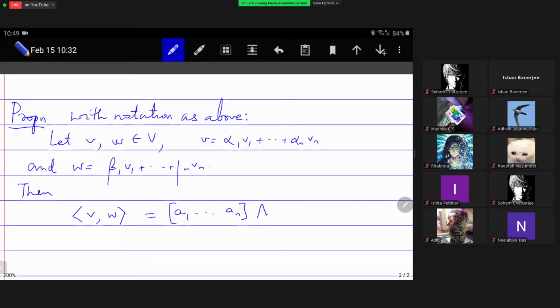The column vector alpha represents the vector v, but its transpose will be this row vector, then matrix A, and then beta 1 to beta n.